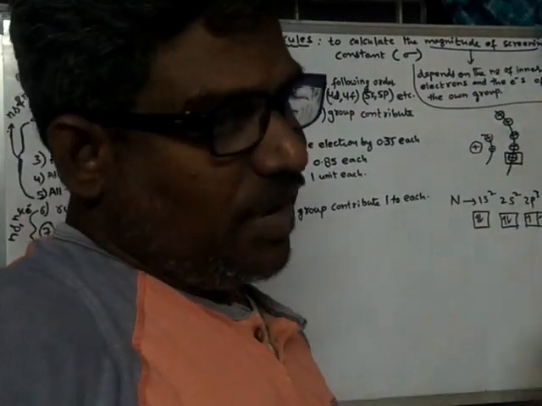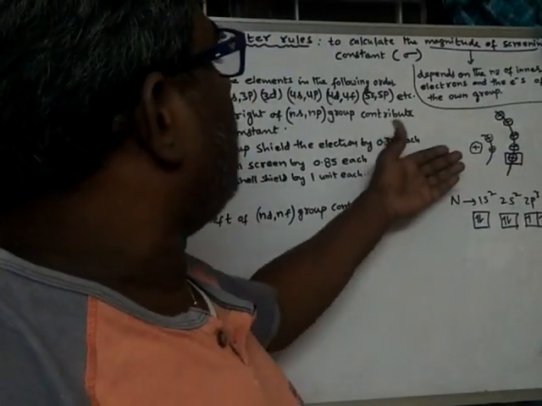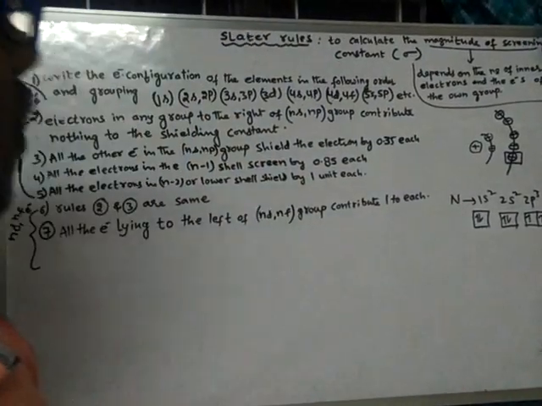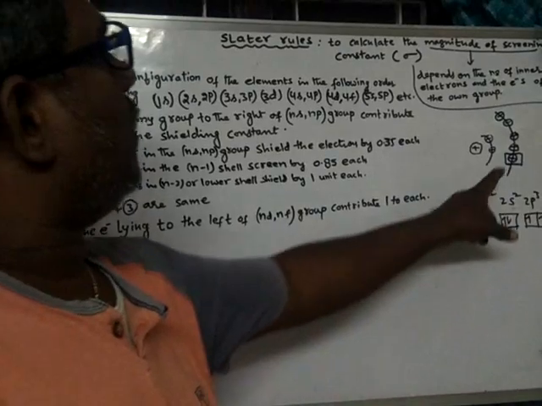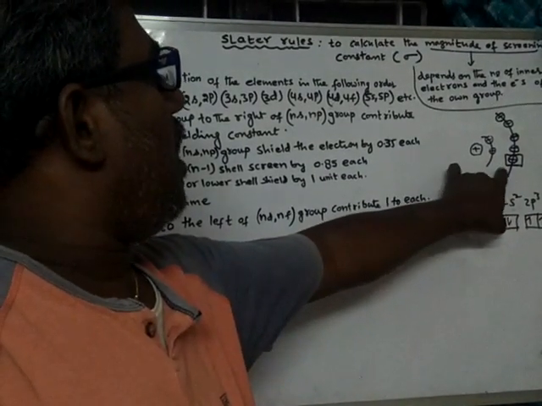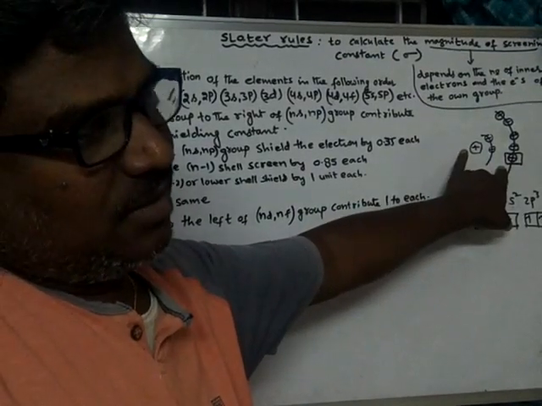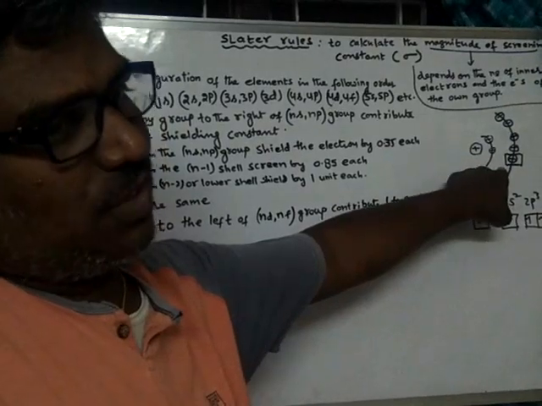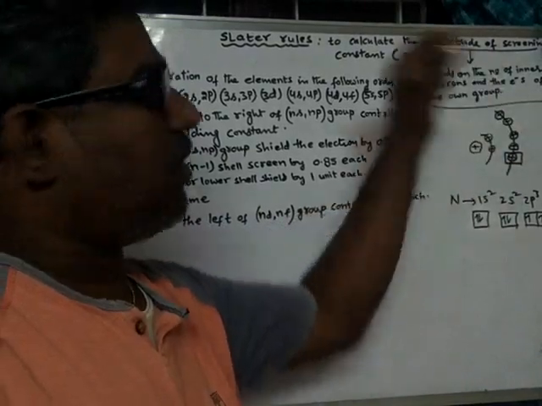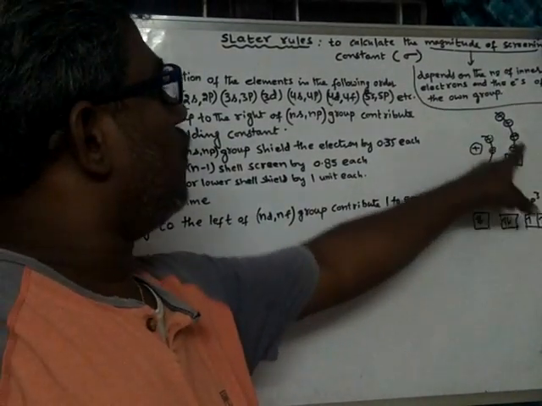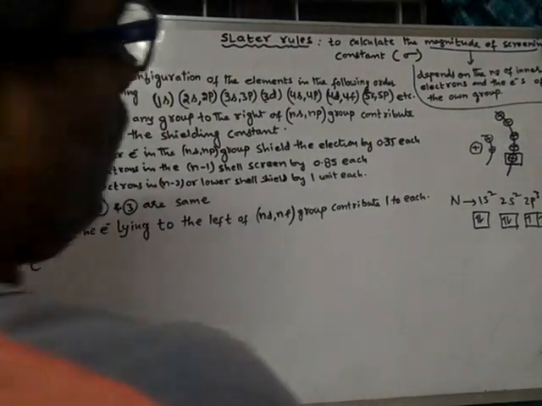Therefore this electron will feel less force of attraction than the actual force shown by the nucleus. That reduction is due to the screening of these electrons, which protect this electron from the nuclear attraction. We have seen all these things in our previous class.